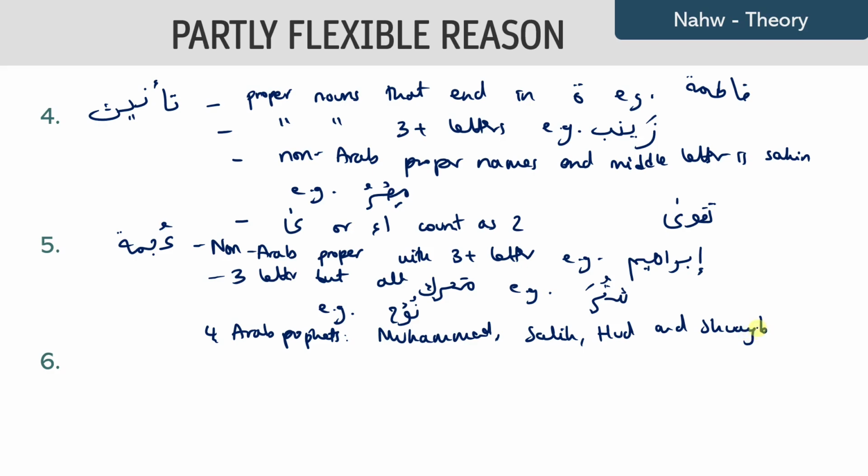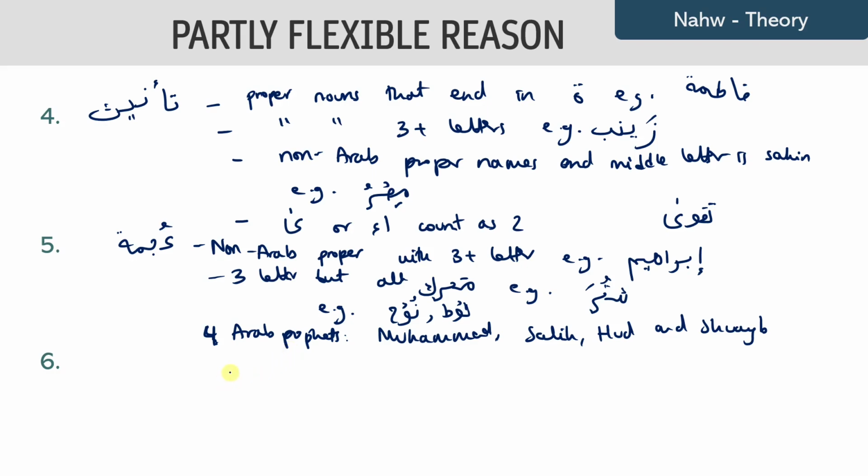The rest of the prophets mentioned in the Quran are non-Arab, which means that if you ever find the name of a prophet beside these 4, then they are definitely going to be non-Arab, unless it is a 3-letter name and the middle one is sakin. So you have Nuh and Lut. I think there's only these 2, and the rest of the names will be non-Arab. So this is a little bit of a trick: if you come across any name of a prophet in the Quran besides these 4, in addition to these 2, then they're all going to be غير منصرف.